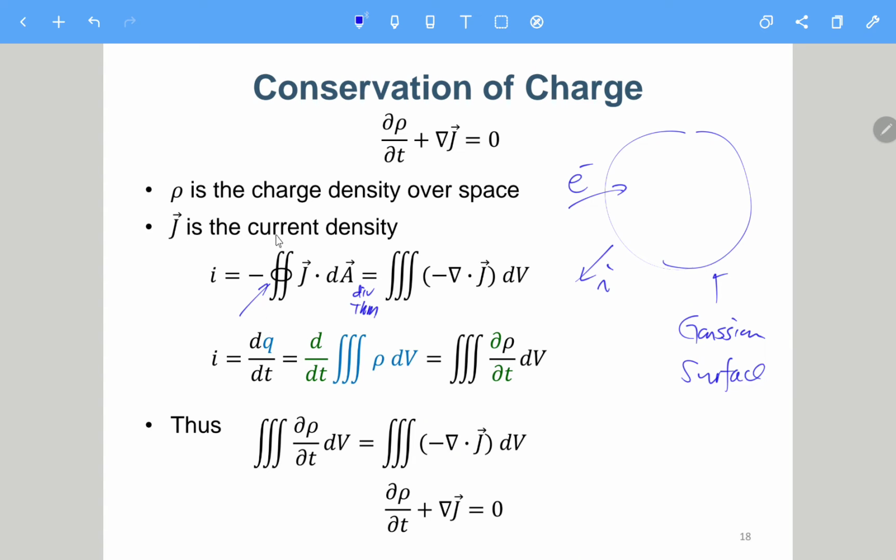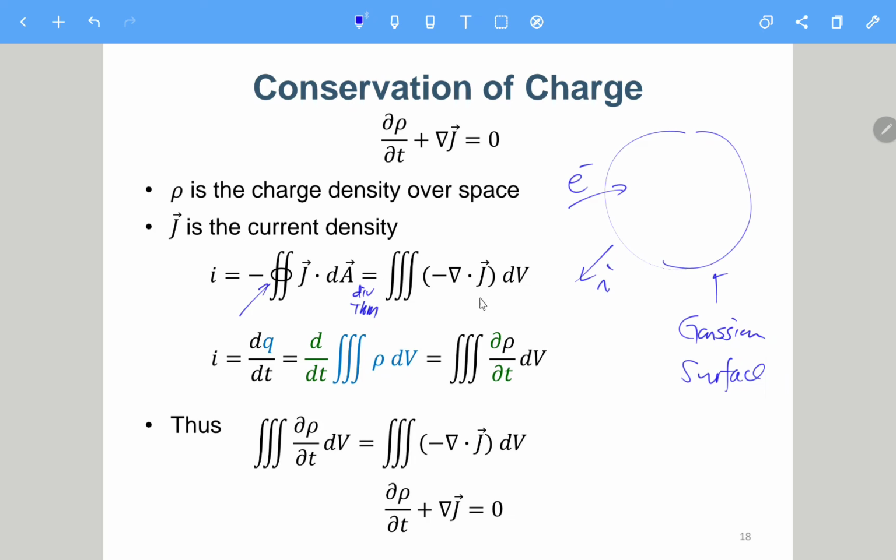Okay, we have this double integral equal to the triple integral of the divergence of J. We just put this negative inside, so the negative doesn't relate to the divergence theorem. The divergence theorem only changes the double integral into a triple integral, but we also need to add the divergence to the current density.